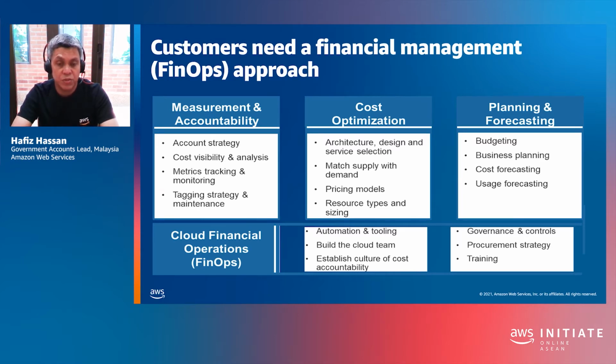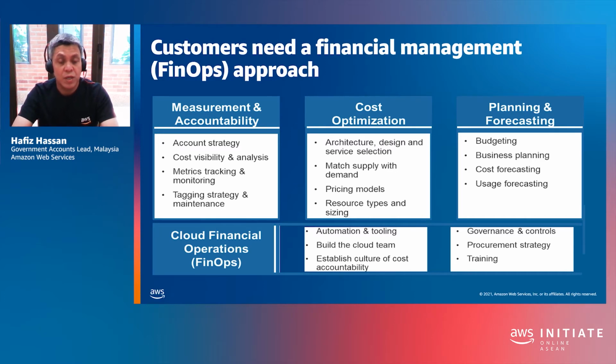in cost optimization. The third thing is on planning and forecasting, which focuses on setting expectations, improving business and financial predictability. This is where using Explorer really helps. We have capabilities such as budgeting that alert you if your AWS consumption reach a certain budget that you set.